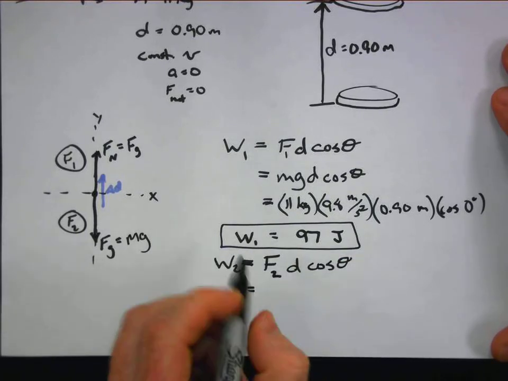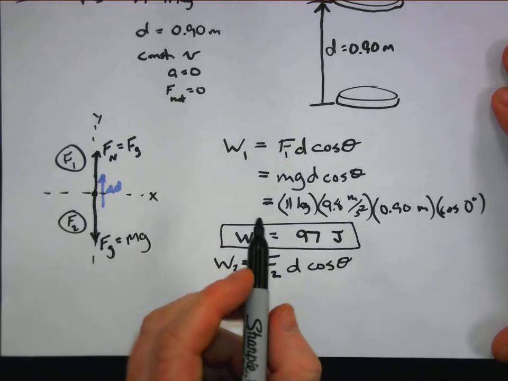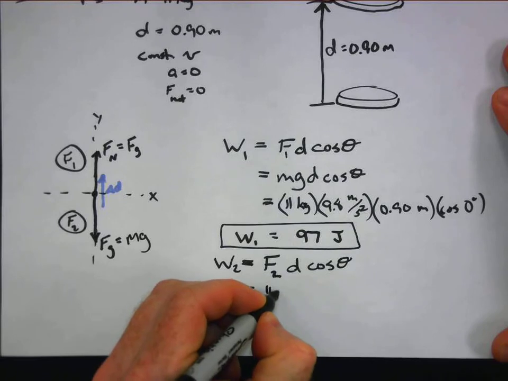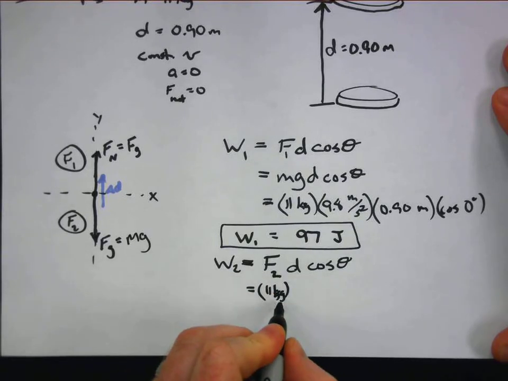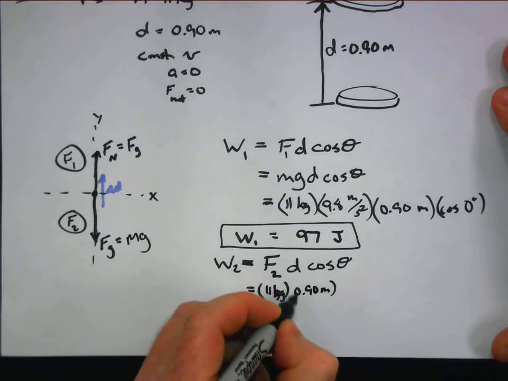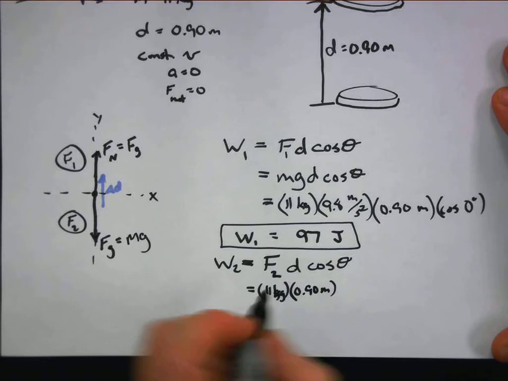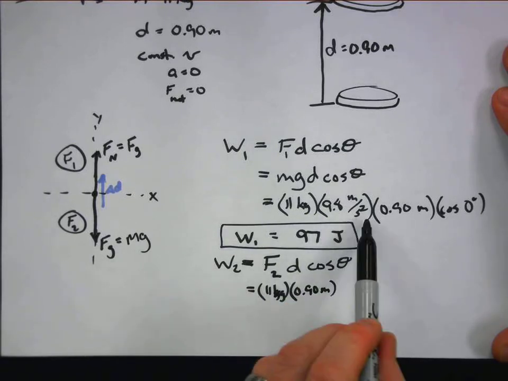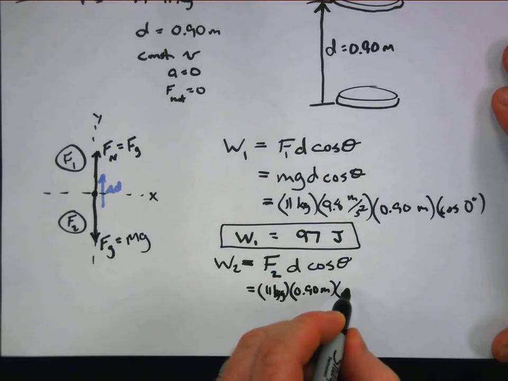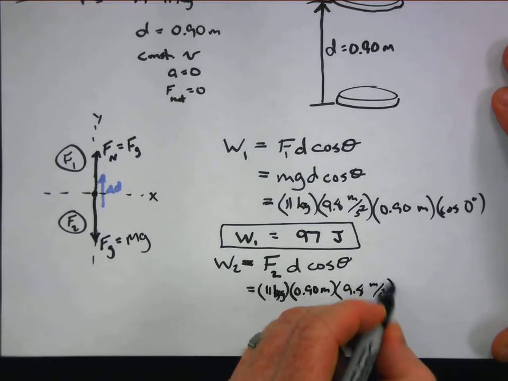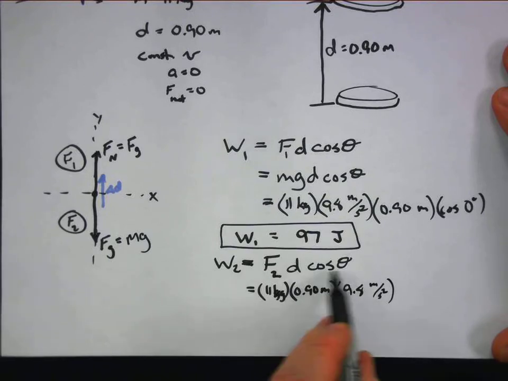Force 2 is mg, so I essentially have the same values I'm going to plug in for this, so it'll be 11 kg. Distance is 0.90 meters. Oh, sorry, I forgot g. There we go, 9.8 meters per second squared. I'm just going to put it here, and it's fine, even though it's out of order. And finally, cosine of theta.